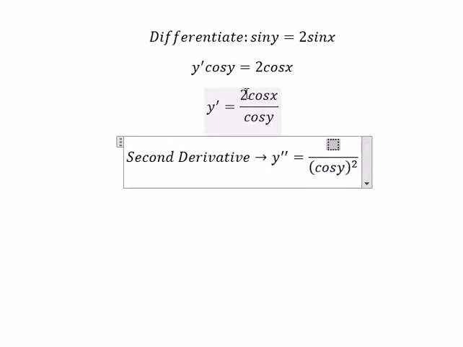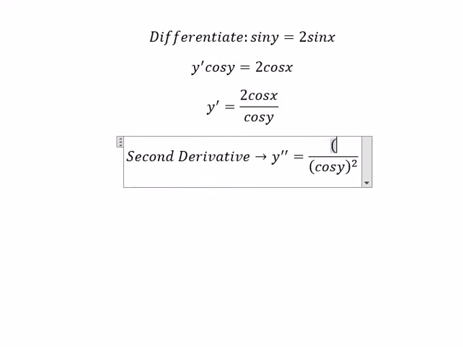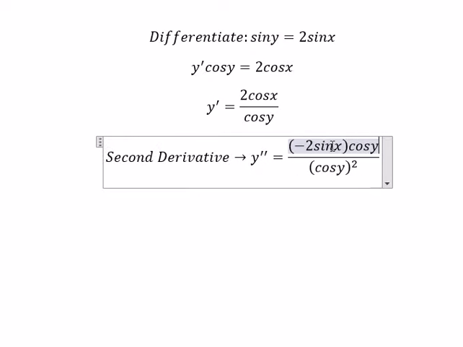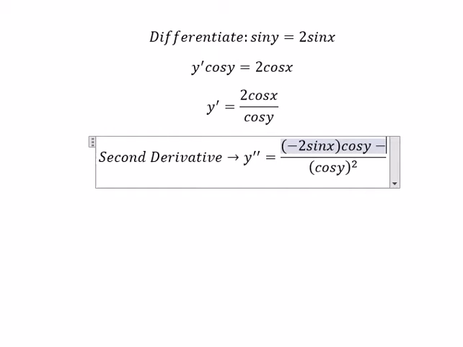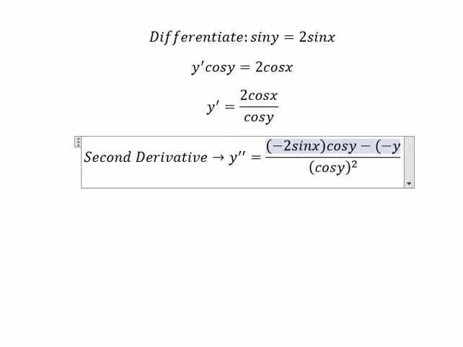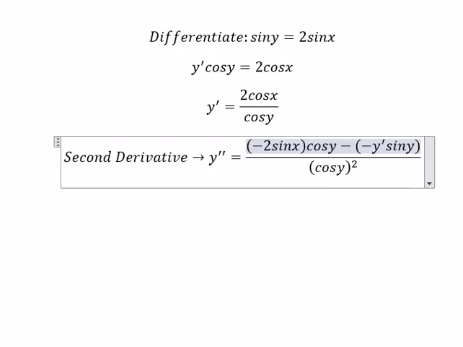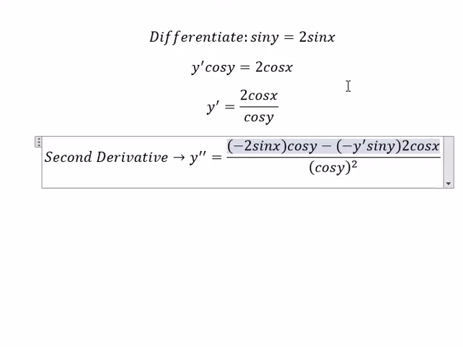Then we do the first derivative of 2 cosine x, so you get negative 2 sine x and cosine y. After that, we do the first derivative of cosine y, and you get negative first derivative of y sine y, and we have 2 cosine x.